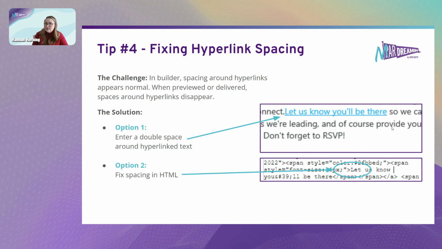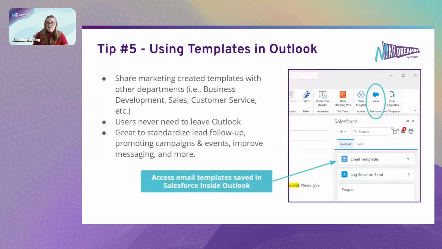But if you're a little paranoid about that, like I am, and you don't want to accidentally execute an email that has a weird double spacing issue, then you can go in and actually fix the spacing in the HTML because the space doesn't exist. So if that's going to give you a little more peace of mind, then I've showed you in both instances how to do that.